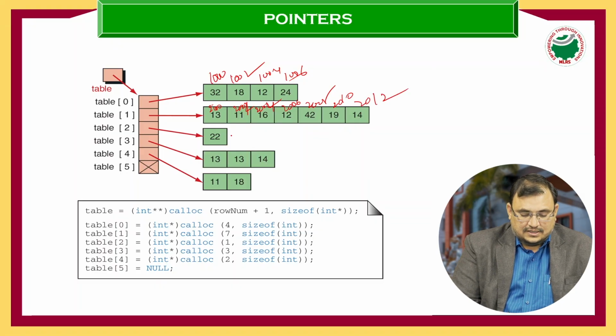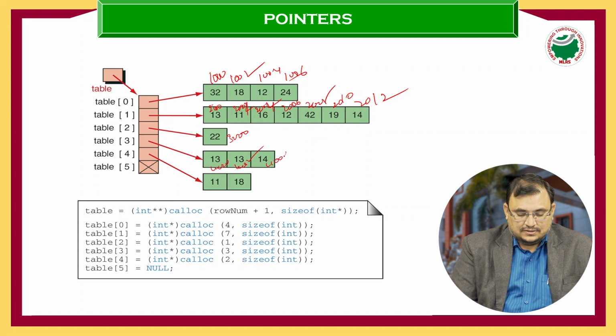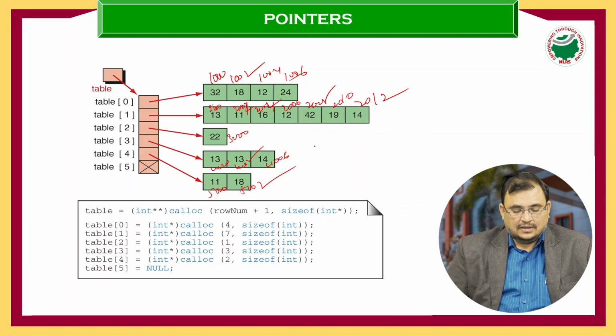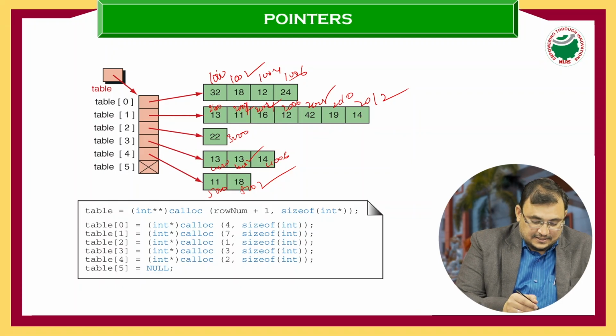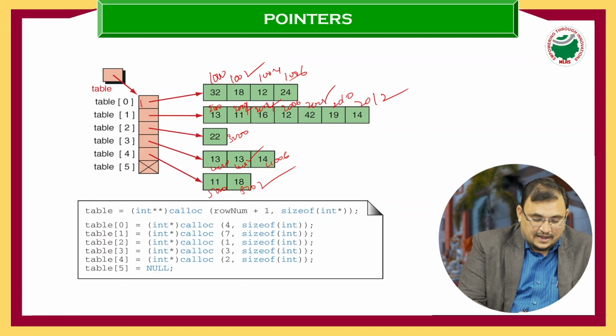Now this one's address is 3000, assume, and here this is 4000, 4002, 4006, and here 5000, 5002. Assume these are the addresses of these arrays, and these addresses you are storing in a pointer to pointer table as an array of pointers. So 1000 stored here, and 2000 stored here, 3000 stored here, 4000 stored here, 5000 stored here.